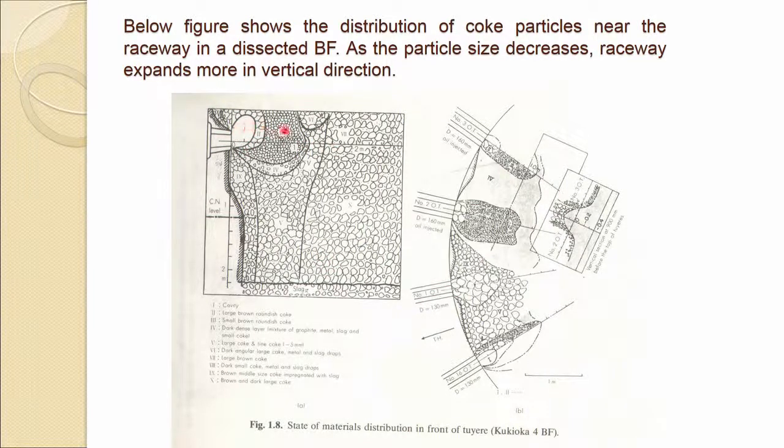And so, more penetration or bigger size of the raceway means better distribution of the reducing gases, and blast furnace productivity is going to increase. So, it is directly affecting the productivity.